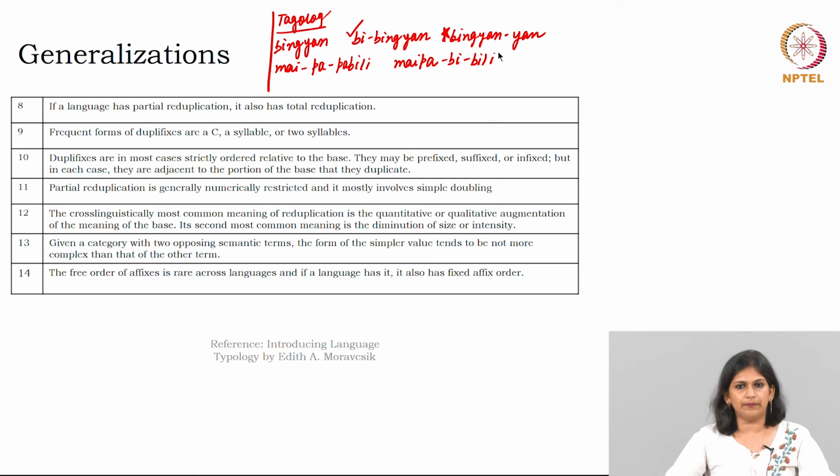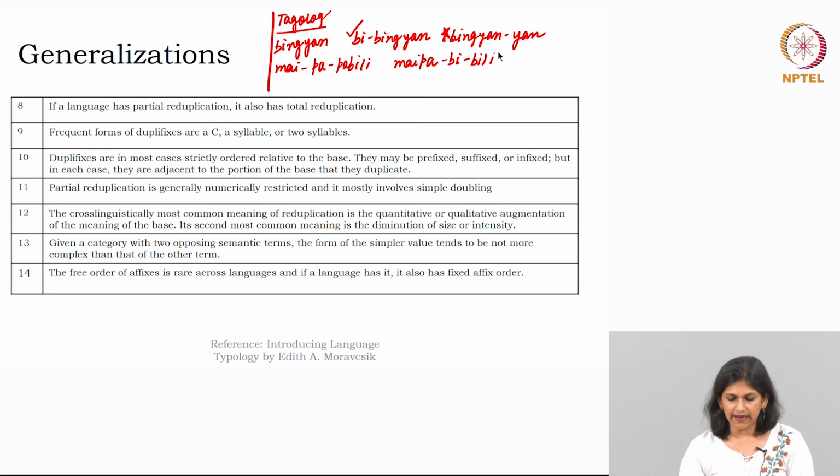Okay. Now, let us move to the next generalization. Generalization 12 tells us that cross-linguistically the most common meaning, let me read it first. The most common meaning of reduplication is the quantitative or qualitative augmentation of the meaning of the base.